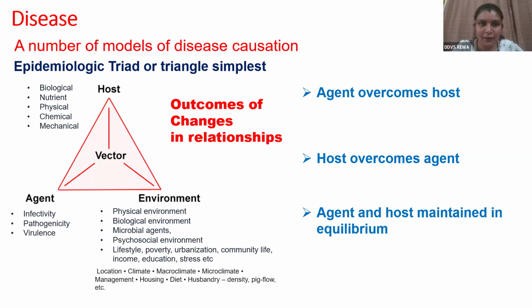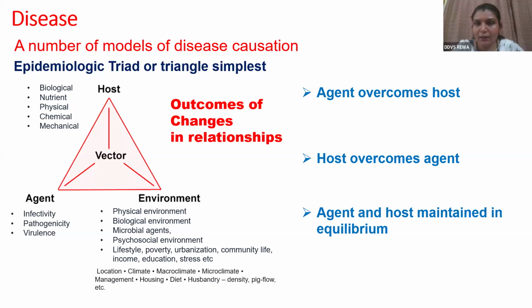There are different factors related with these three determinants, which play an important role and are involved in disease causation. Whenever there is a disease in the population or in an individual, there is a formation of an equilibrium between host and agent, and this is the situation of subclinical infection.